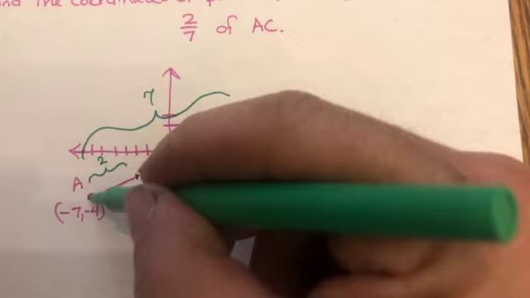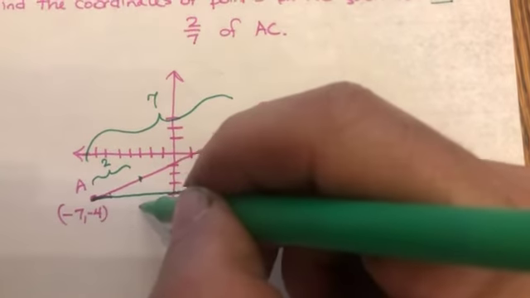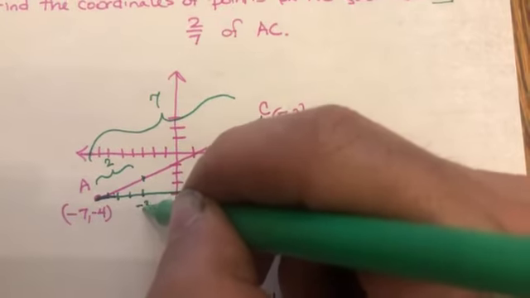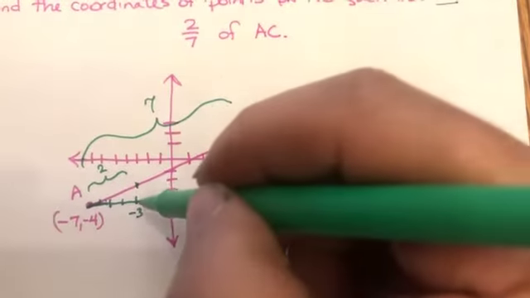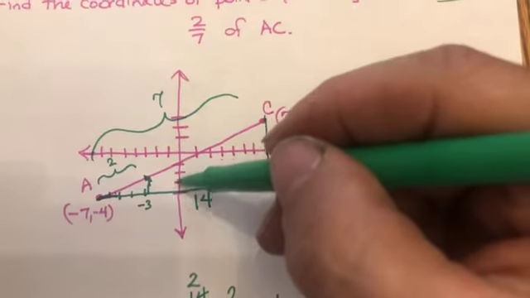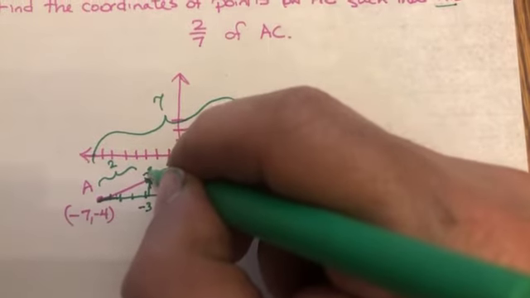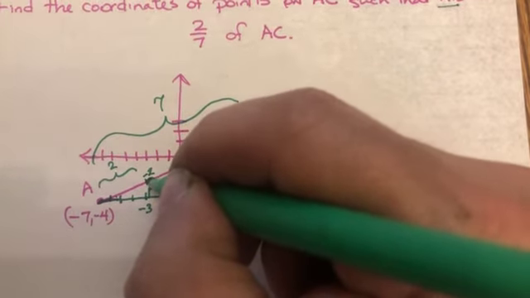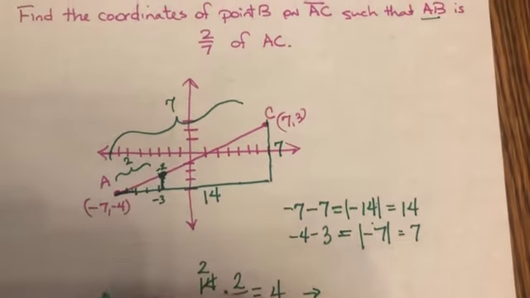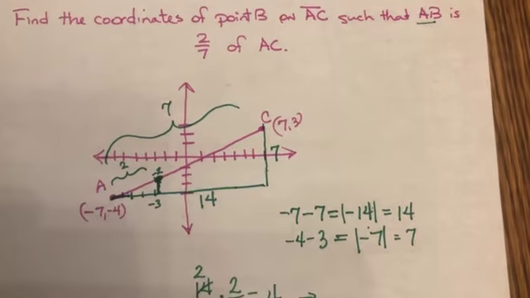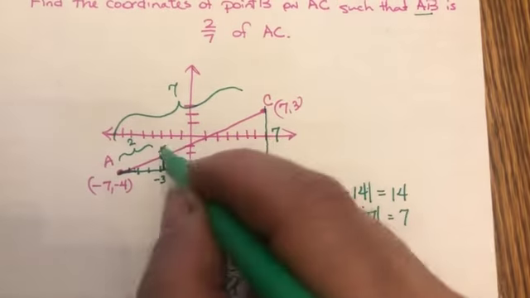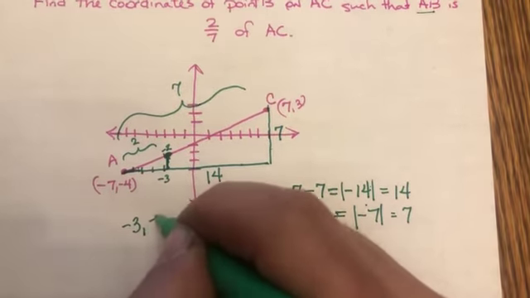I was at -7, so I'm going 4 units, so I'm going -6, -5, -4, -3, so I'm moving to -3, and then I'm moving vertically 2 units, so I was at -4, so I'm going to be at -2. So the coordinates for the point B, so that the ratio should be 2/7 of the length, should be -3, -2.